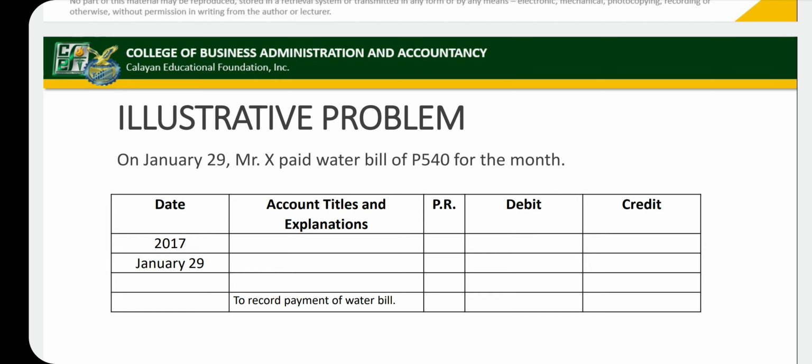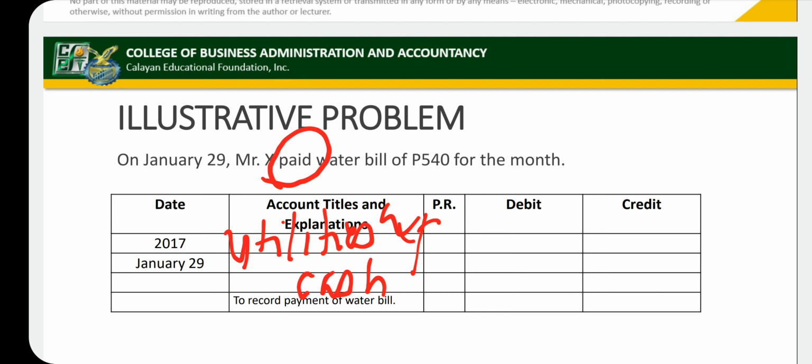But since in this transaction, it is already stated that Mr. X has made a payment, so we are going to credit cash and we debit utilities expense in the amount of 540 pesos.